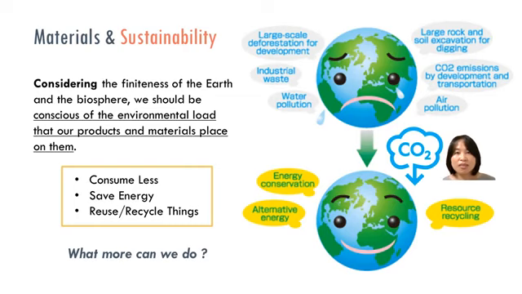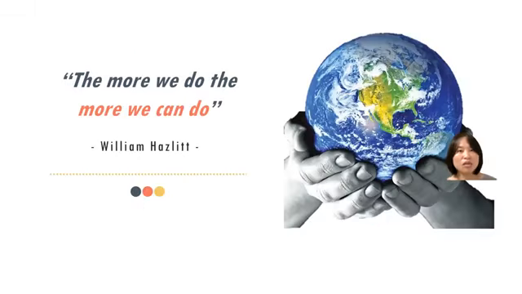Okay, this is what we can do. And the next question is, what more can we do? Because the more we do, the more we can contribute to save this one planet Earth that we have and are living on right now, and for the future generations also.